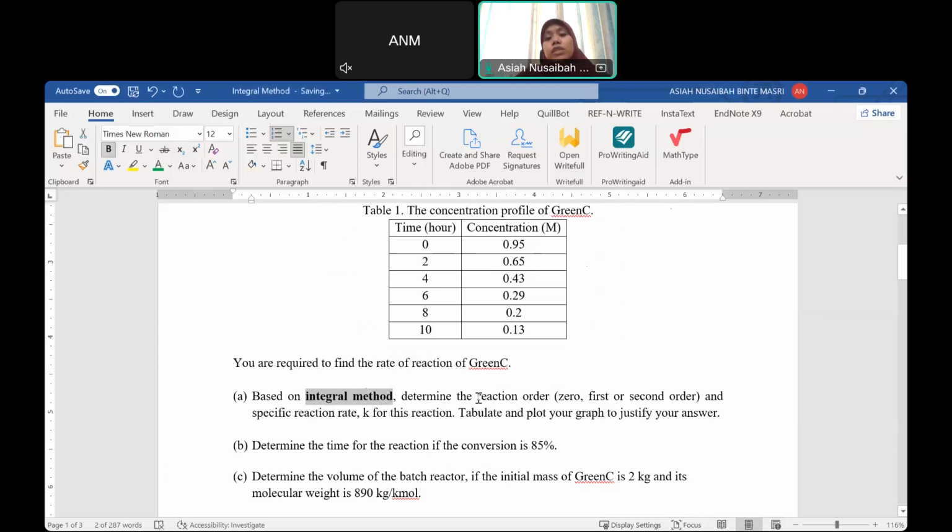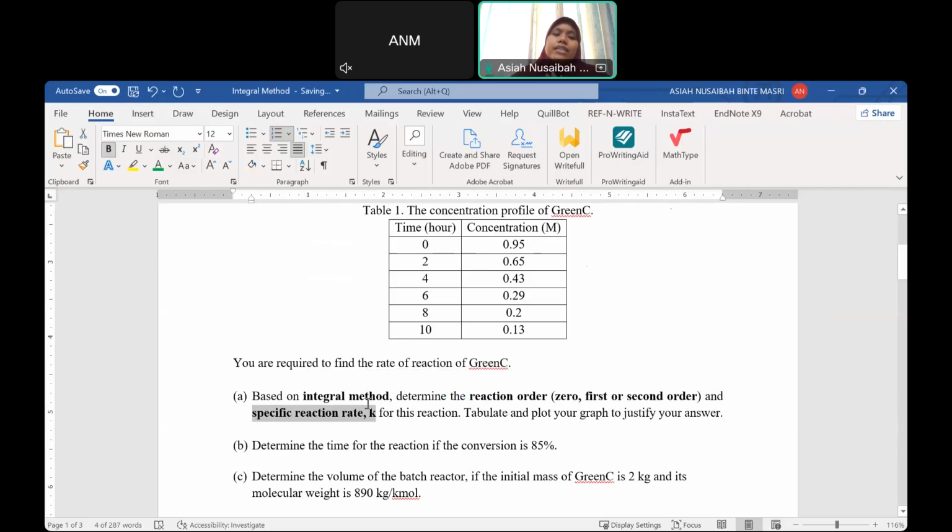Determine the reaction order. In this case, we have to evaluate all three orders, which are zero order, first order, and second order, and the specific reaction rate k for this reaction.